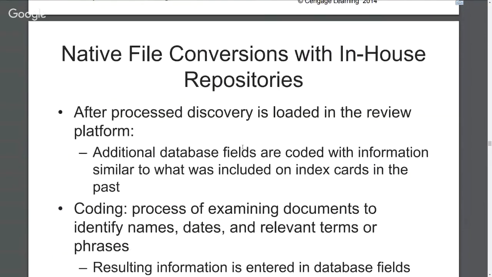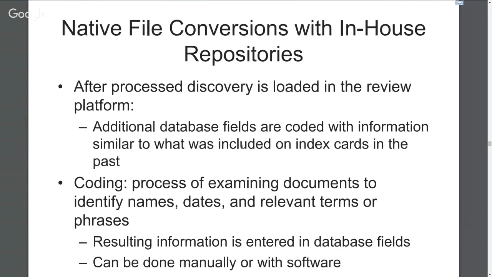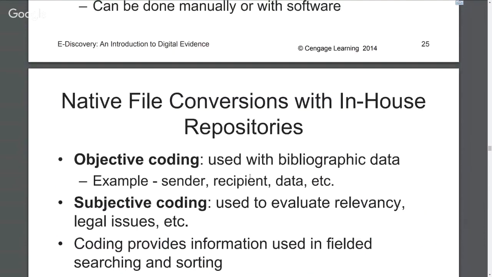All right. Native file conversions with in-house repositories are going to be loaded into a review platform and coded with information similar to what was included in index cards in the past. Coding is the process of examining the documents and identifying names, dates, relevant terms, or phrases, resulting in information being entered in a database field, which can be done manually or automatically with software.